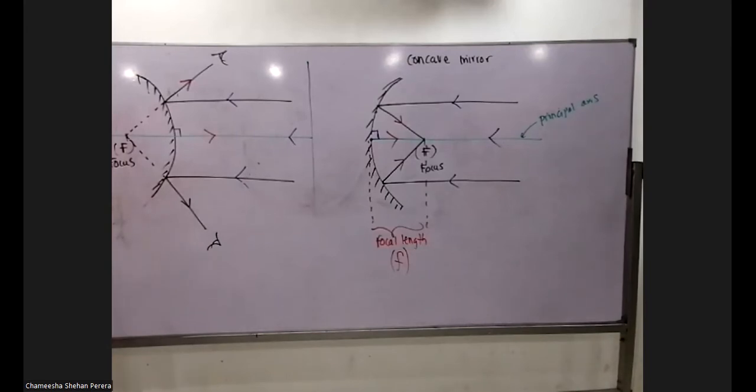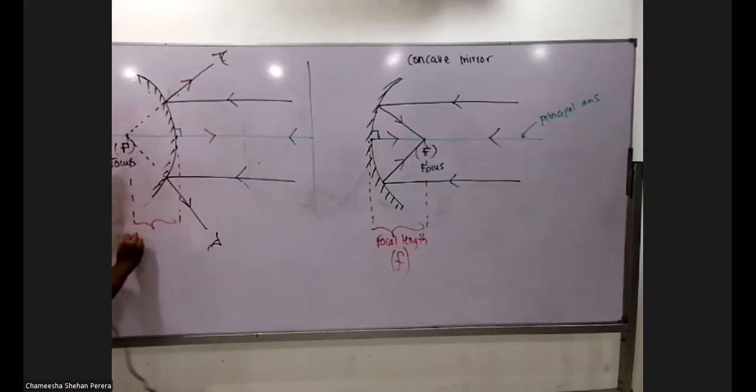If I extend this line, and another dotted line from the pole, this is the focal length. We call it simply F.